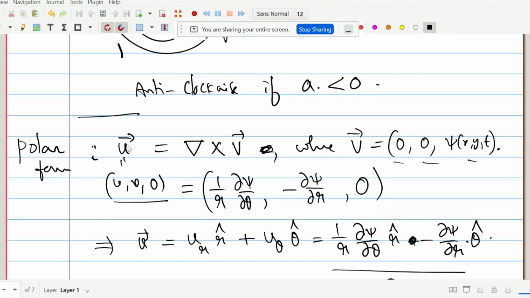Suppose U, V, W, if you have components in 3 dimensions, del cross V cannot be this way, so you cannot say one function. V bar itself is called the stream vector potential, or vector stream function. In that case it won't be a single scalar function, it will be a vectorial function. That V bar itself is the stream function, but it is not unique, and you don't know exactly how to find it in 3 dimensions.